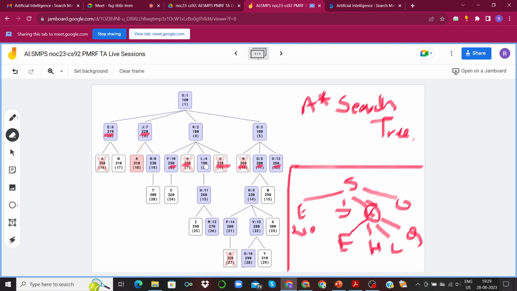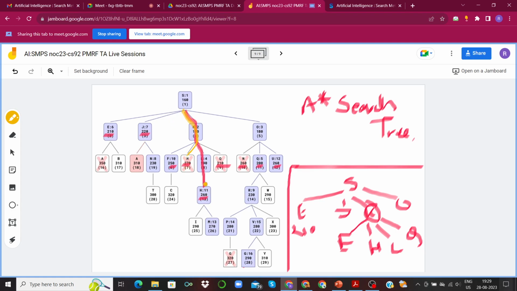And when you refine L, you encounter this H over here with cost 260, right? And this partial solution from S to K to L to H has cost 260, whereas this other partial path from S to K directly to H has cost 270.